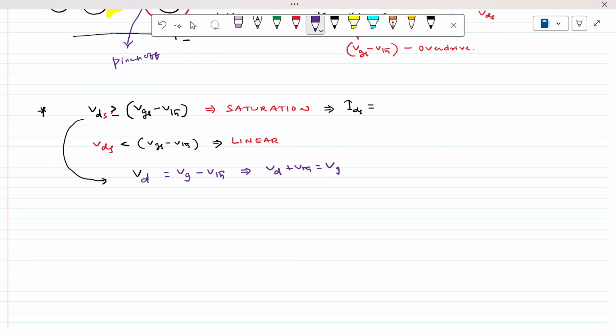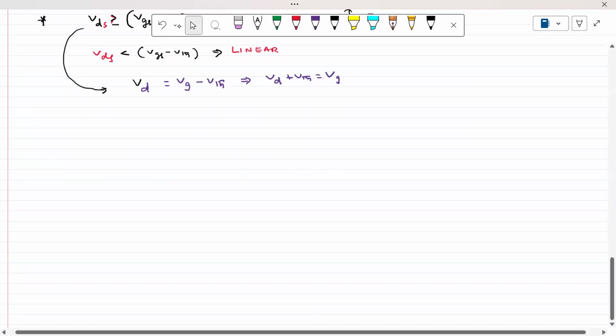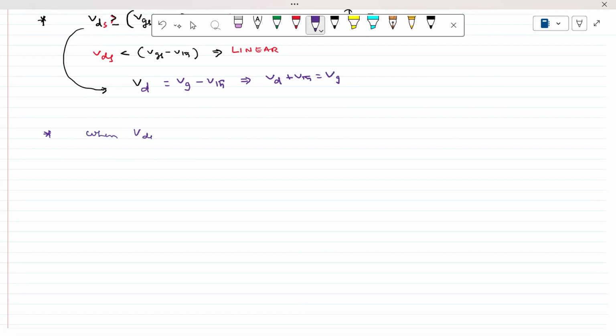We can substitute this in the given linear current equation, in place of VDS it is nothing but VGS minus VTH. So when VDS is equal to VGS minus VTH, IDS is the saturation current.